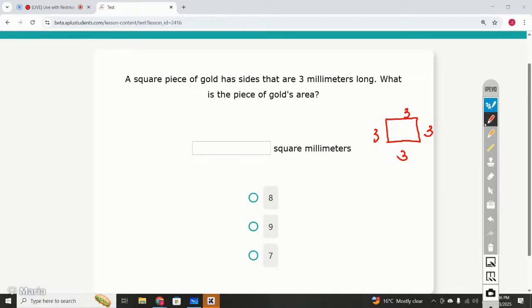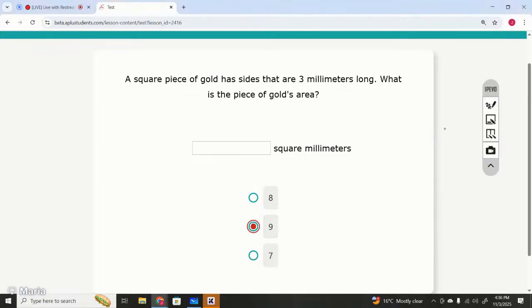So we need to calculate the area, that is very good. 3 times 3, that is 9. The correct option is 9. Option number 2 is the correct option.